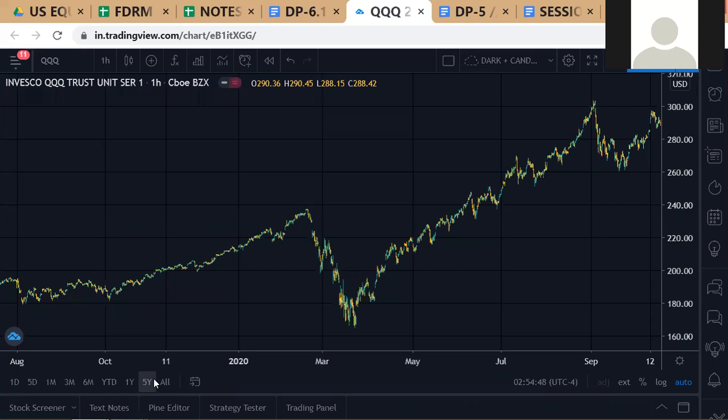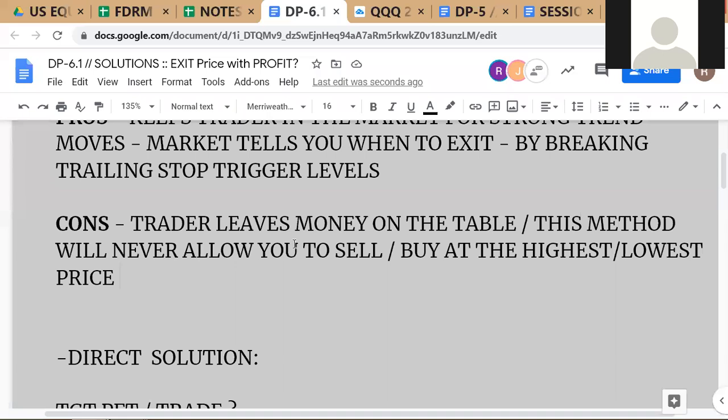He is following him, but he's a little bit behind. So it's a con because you are never going to be able to sell at the perfect high, by definition. This method ensures that you can never sell at the perfect high or buy at the lowest price.